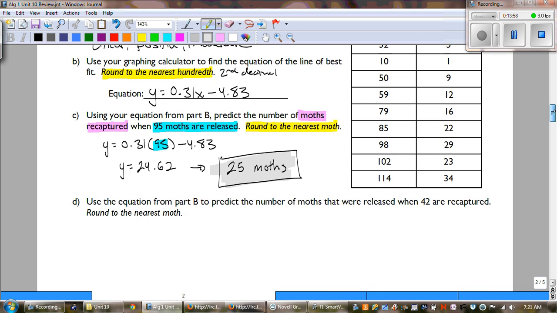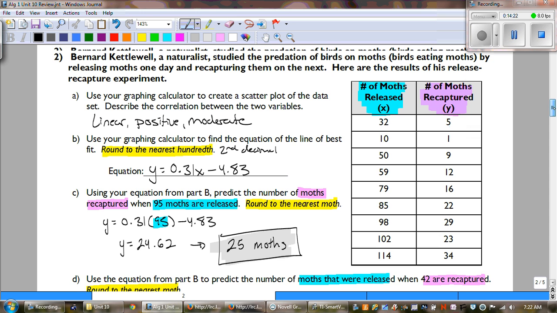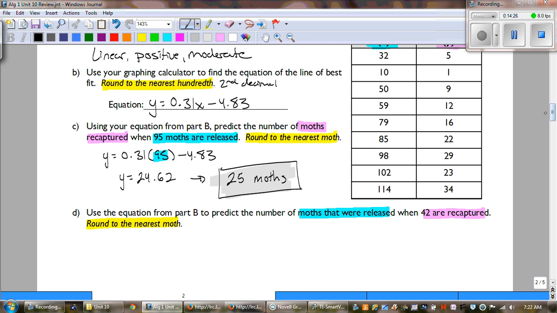Okay, what about D? Use the equation to predict the number of moths that were released. Okay, so we have to predict the number of moths that were released when 42 are recaptured. And once again, we have to round to the nearest moth. So this time, the 42, if we look back up, recaptured is Y. Guys, that's what you have to look back at your data for, okay?